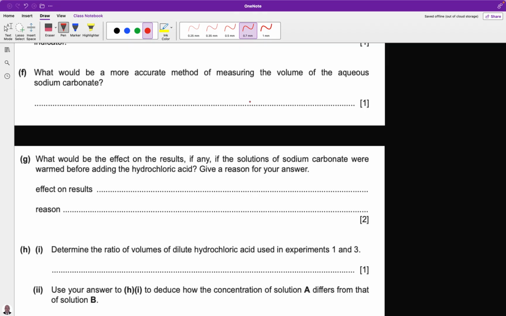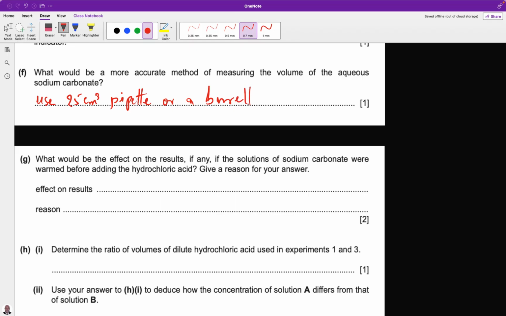In this case, the accurate method for measuring the volume of the aqueous sodium carbonate was to use a 25 cm cube pipette. You use a 25 cm³ pipette, or you can use a burette.